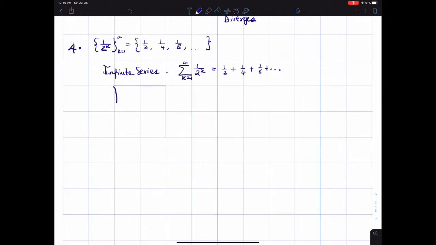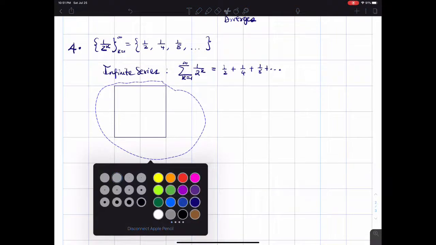Okay. All right, what am I trying to do? Make this a little thicker.